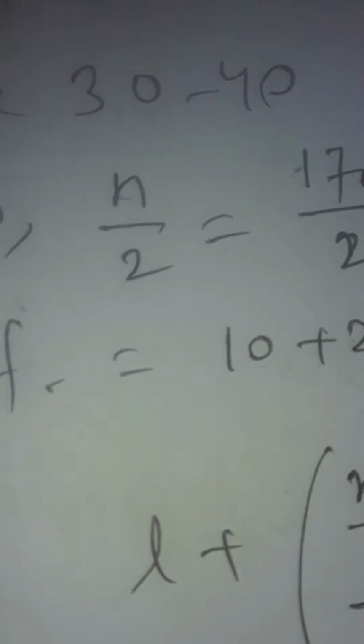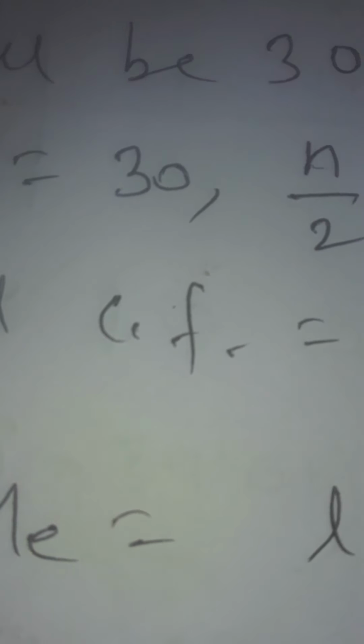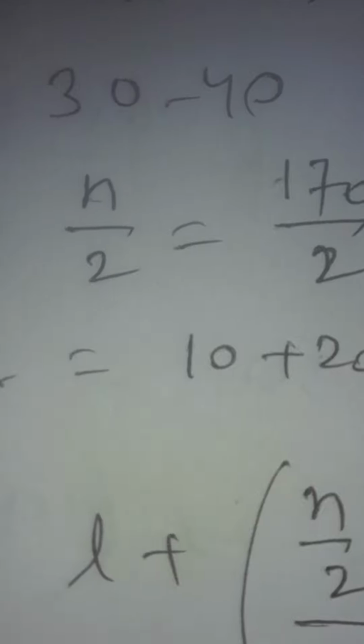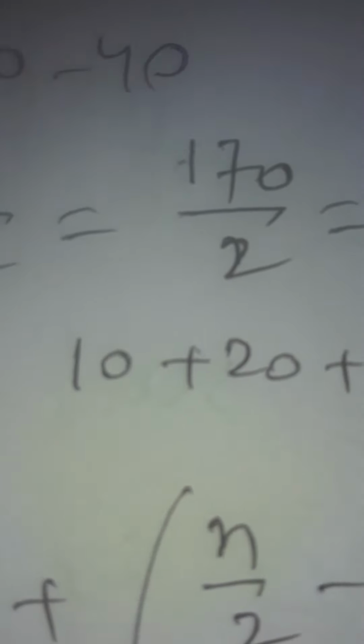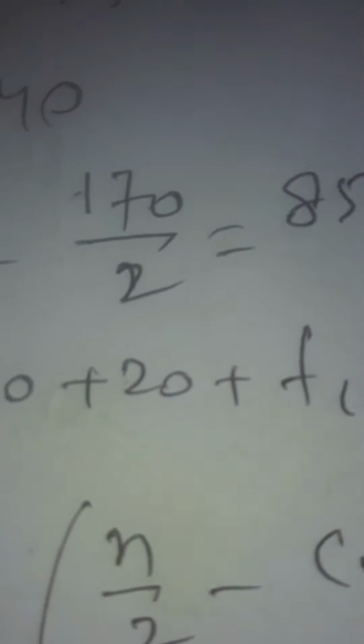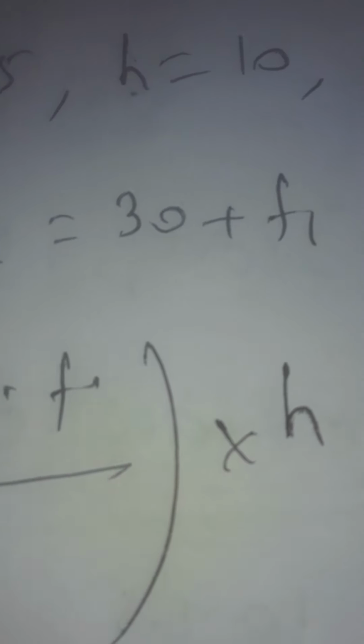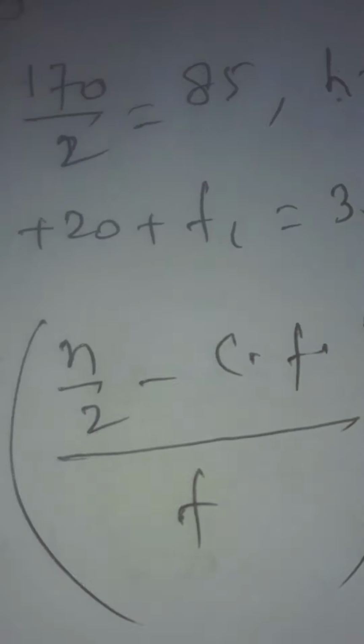Now we have obtained that CF is equal to what? We will add all the cumulative frequency before the median class. When we add all the frequencies before the median class, we get 10 plus 20 plus F1, which is equal to 30 plus F1.